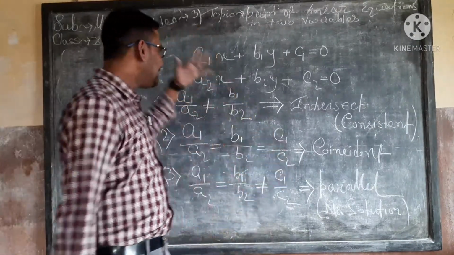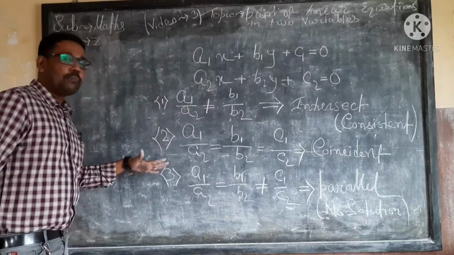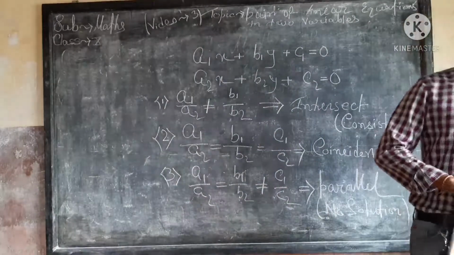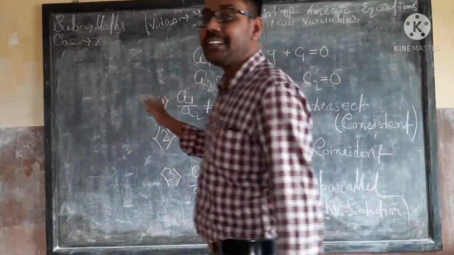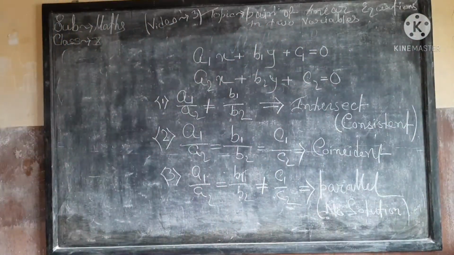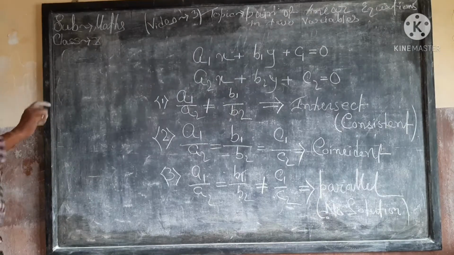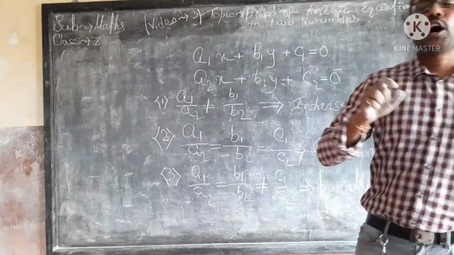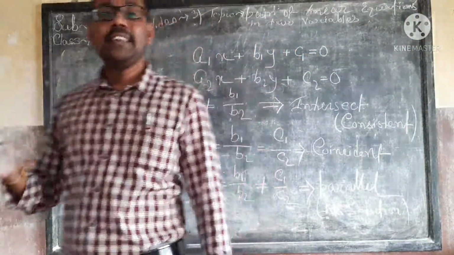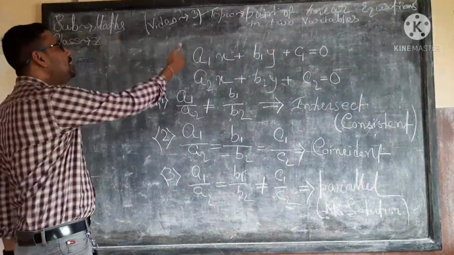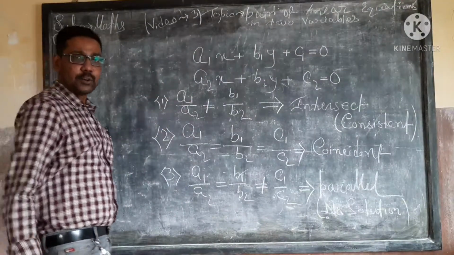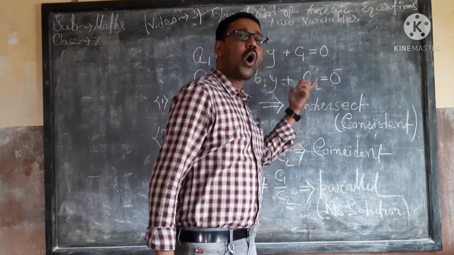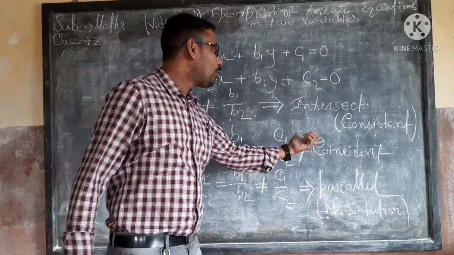So remember these three properties, which are very helpful to determine, without drawing a graph, or before drawing a graph, whether any pair of linear equations is intersecting, coincident, or parallel.